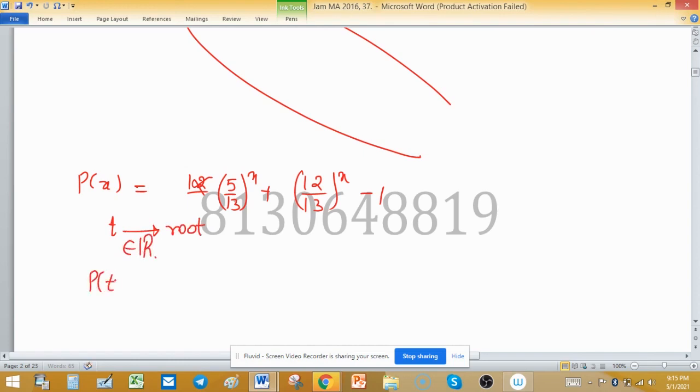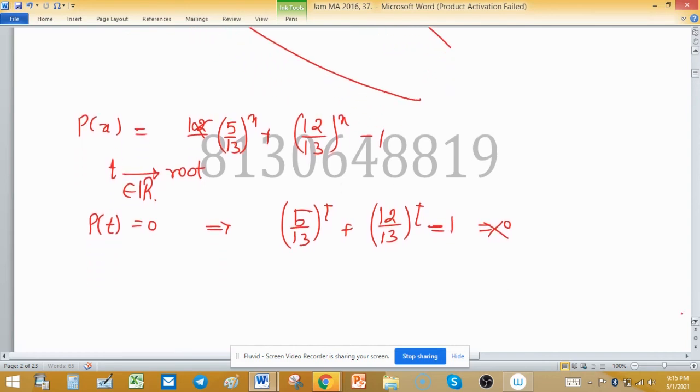So P(t) = 0 implies (5/13)^t + (12/13)^t - 1 = 0, and taking minus 1 to the right-hand side, it equals 1. So this is true when t is 2.